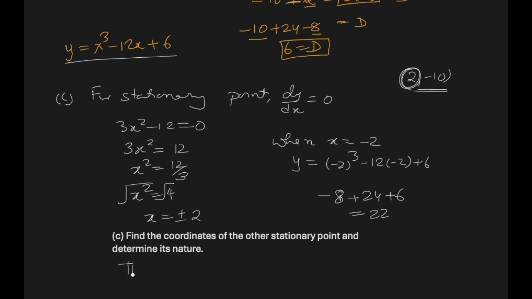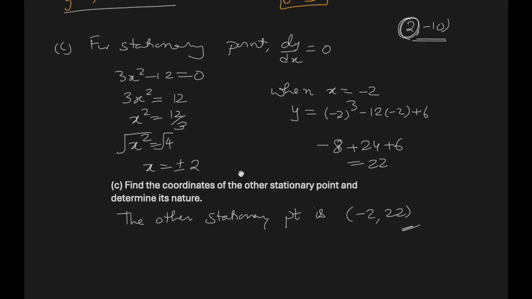We can write the other stationary point is x is minus 2, y is 22. Okay, next one.